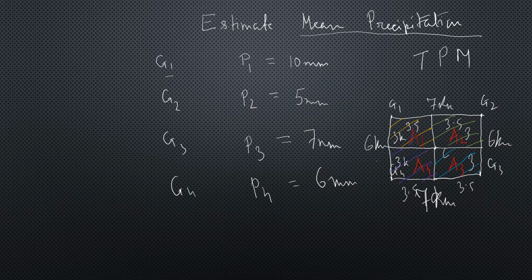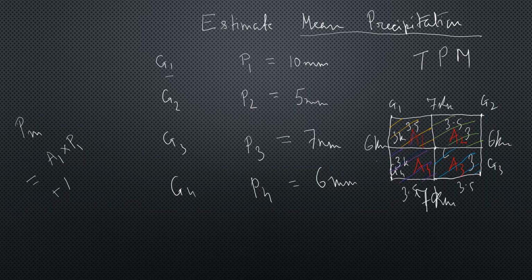So to find the mean precipitation of that watershed, PM, you have to multiply the area A1 with the precipitation of that area. That means G1 has measured precipitation P1. So you have to multiply this P1 with the area A1, as A1 is connected to G1.